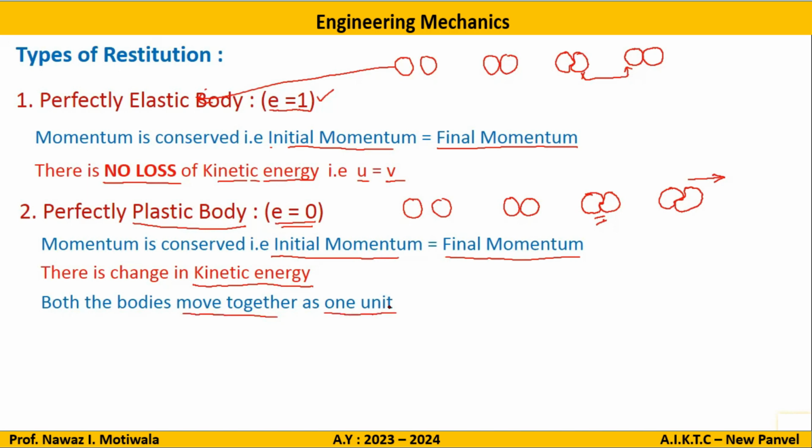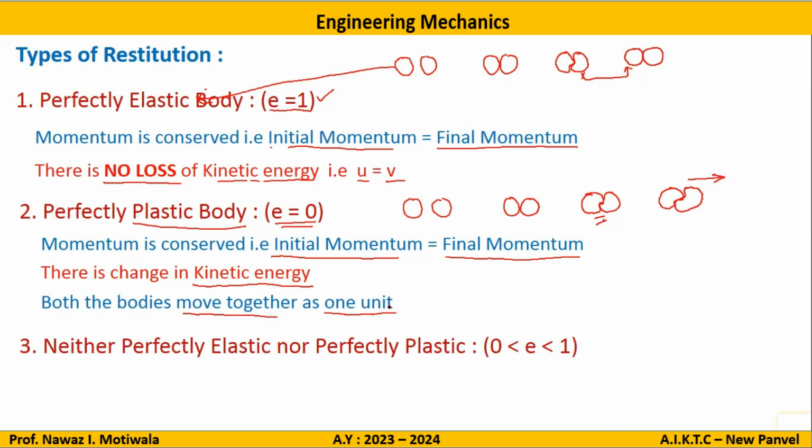Now let us consider the third type, neither perfectly elastic nor perfectly plastic, wherein the coefficient of restitution lies between 0 and 1. Again, let us say two bodies are moving towards each other and have an impact, and because of this impact there will be some deformation in the bodies.